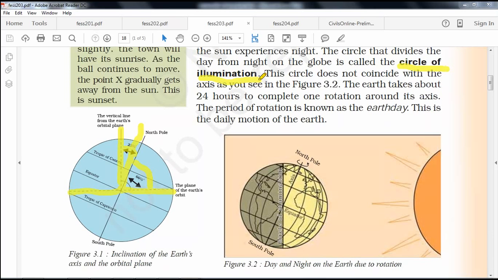Only half of the sphere will be illuminated from a single light source. This is called the circle of illumination, but the circle of illumination won't coincide with the axis because of its inclination, as we already know. So this is the circle of illumination and this is the axis. Where the sunlight is falling is day, and the other half of Earth where the sunlight is not falling, it's night.